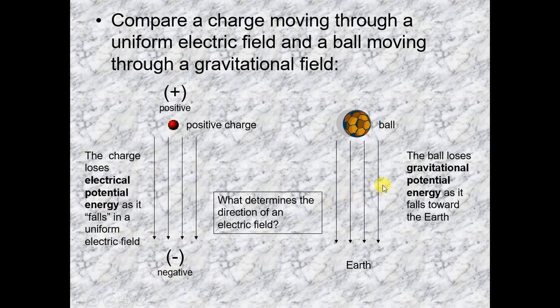A ball loses gravitational potential energy as it falls towards the earth. So compare the charge moving through the uniform electric field and the ball moving through the gravitational field.